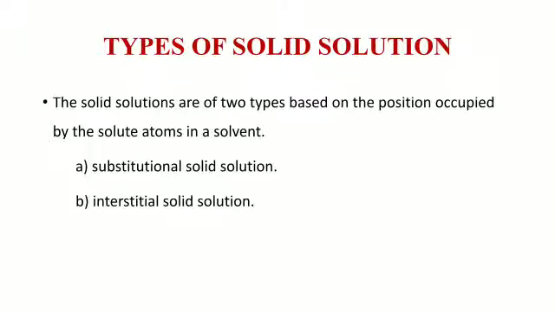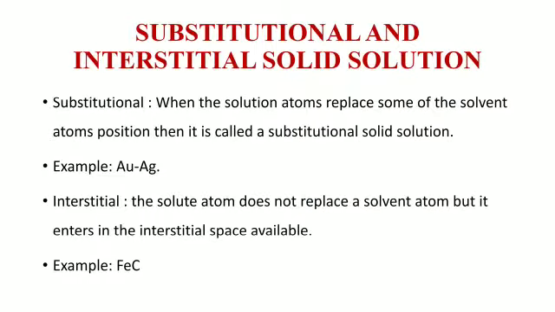Types of solid solution. The solid solutions are of two types based on the position occupied by the solute atoms in a solvent: substitutional and interstitial solid solution. Substitutional solid solution. When the solute atoms replace some of the solvent atom positions, then it is called as substitutional solid solution.